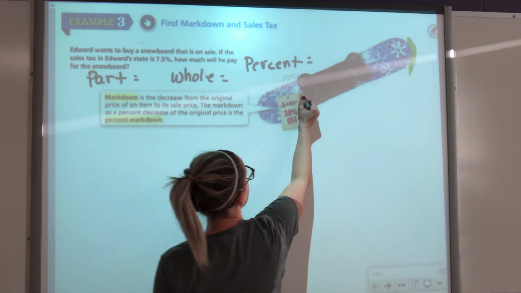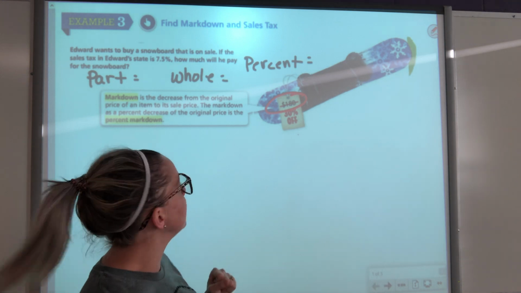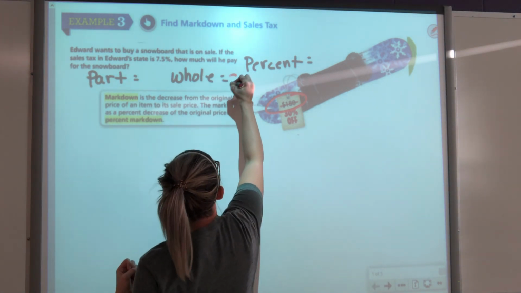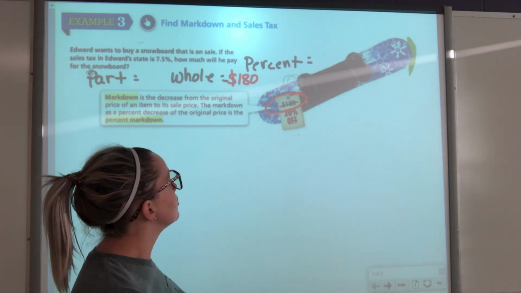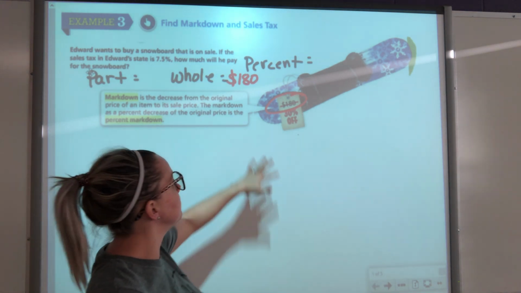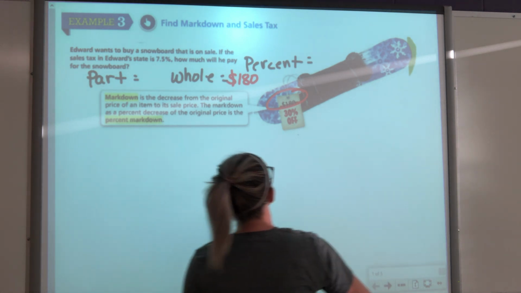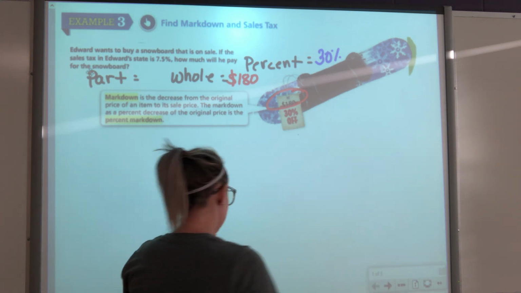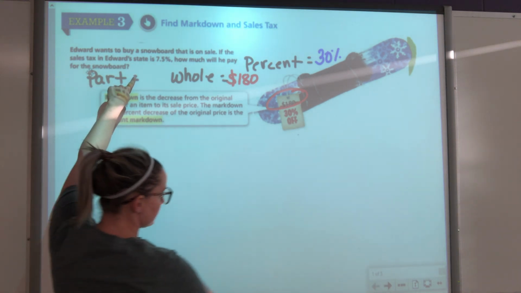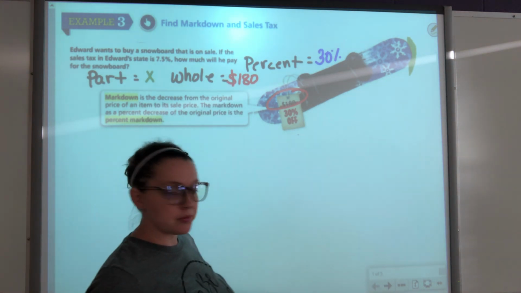Absolutely we do, because on the tag it says the snowboard costs $180. So that's going to be our whole. Do we know what percent we're taking off the item? Yep, says it right there on the tag. So again, that's our percent. That means that we don't know our part. And when we don't know something, we use a variable.